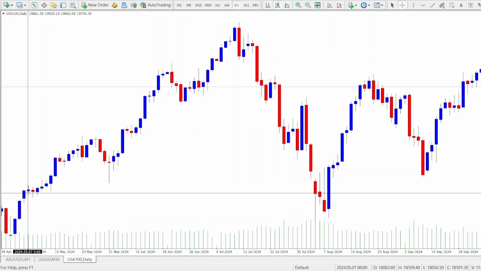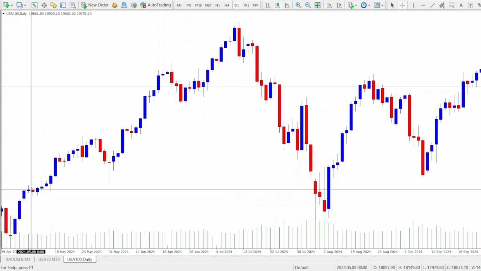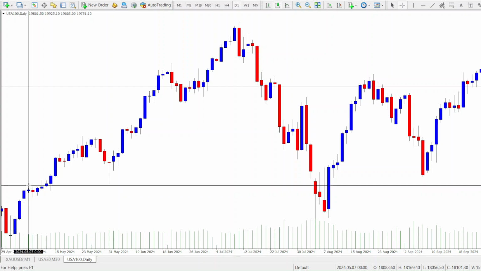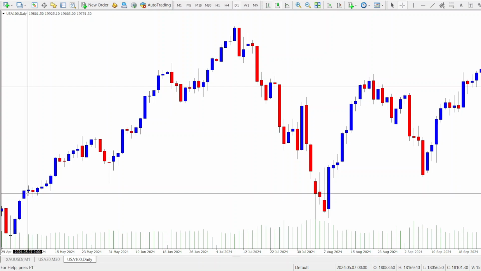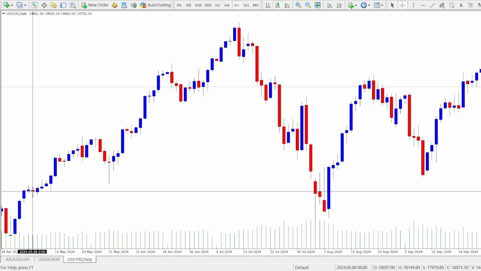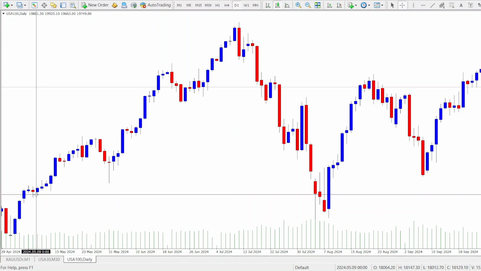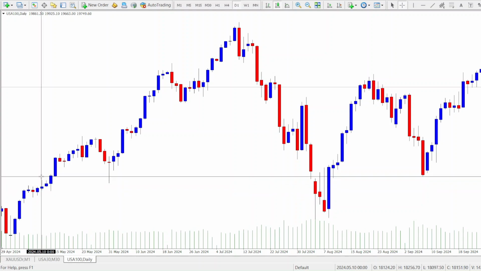This is a doji candlestick because it has a small body and long wicks. This is another doji. As you can see, there was indecision in the market. The indecision continued before price finally found its way.